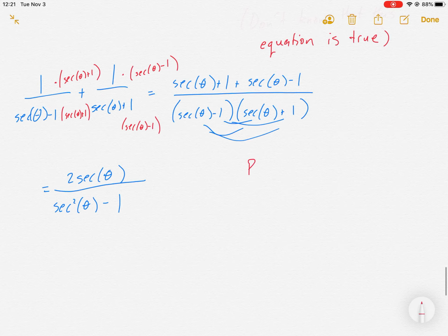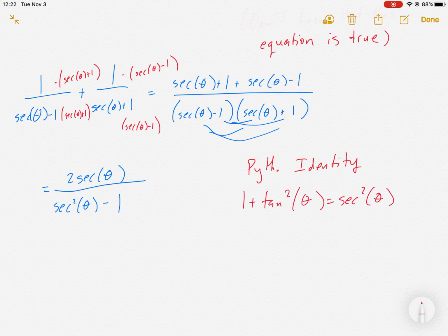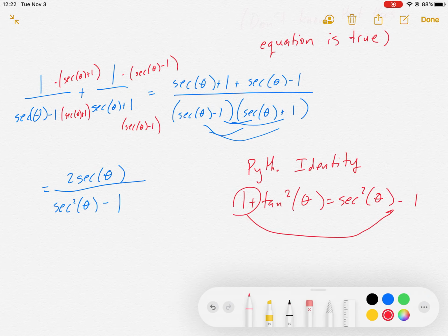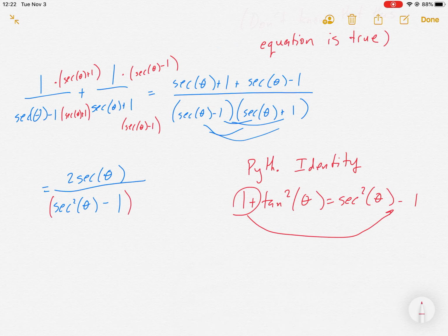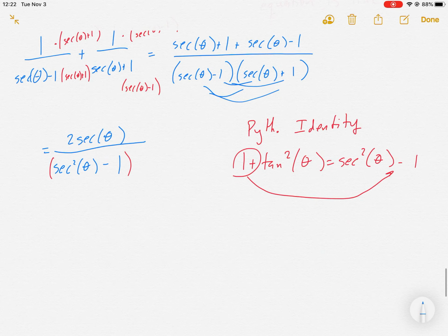So let's take a look here. There's a Pythagorean identity that says 1 plus tangent squared of theta equals secant squared of theta, which is exactly what I have here if I subtract the 1. So that tells me that all of this just equals tangent squared of theta.